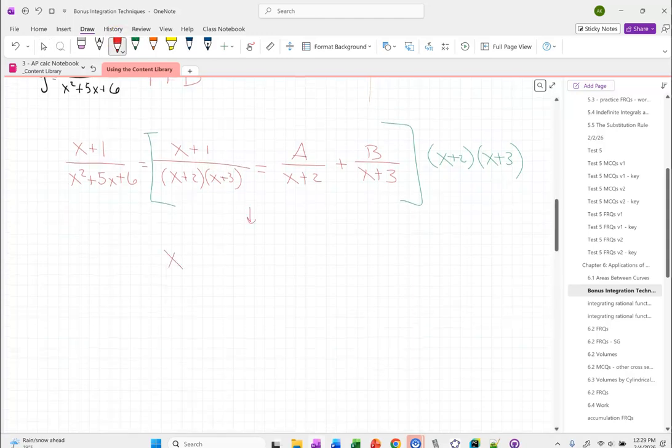So when I do that, I'd have x plus 1 equals a times x plus 3 plus b times x plus 2. Everybody feel good as to how I reduced and simplified down to there? You guys see it?